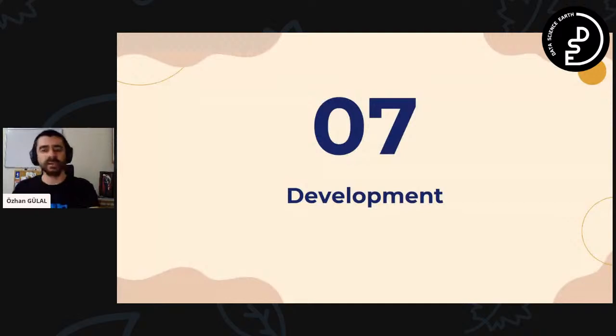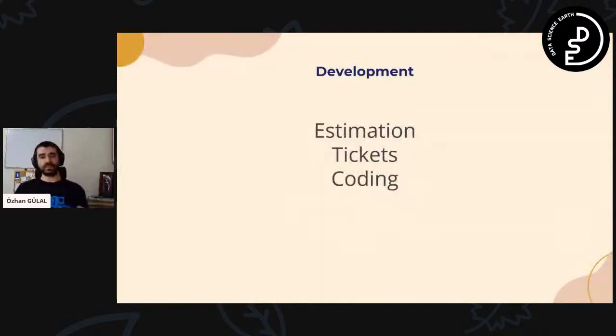Okay. The development process has three different steps: estimation, tickets, and coding. Estimation is before you start writing code: as a developer, you have to give an estimation time for every task. For example, you are creating a login display screen and also writing the login functionality code.